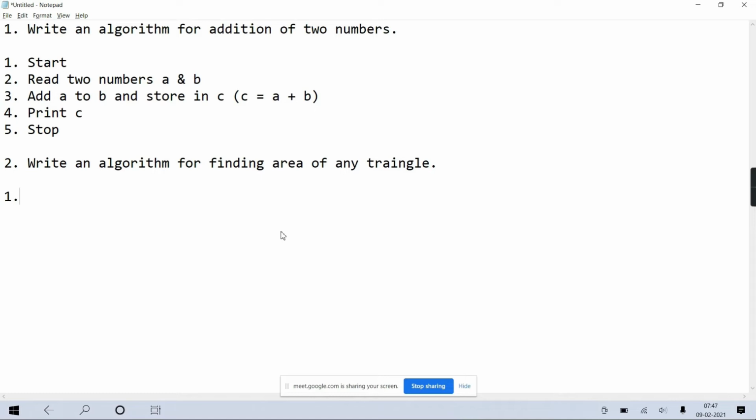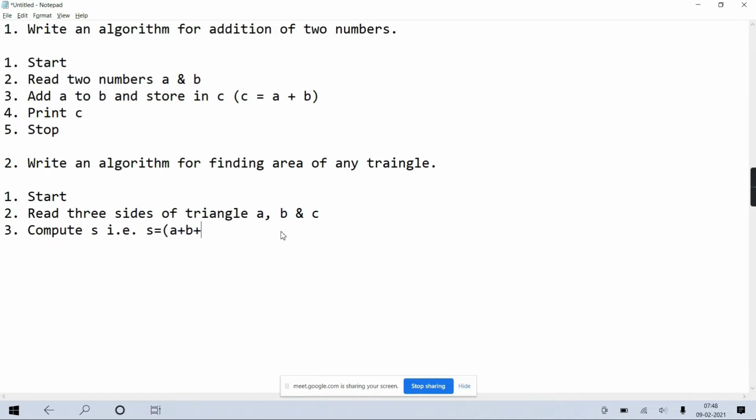See. Here can I write: logical start, then read 3 sides of triangle A, B and C. Okay, the 3 sides we have read. Then we are going to calculate S, right? You can say calculate or compute S, that is S is equal to A plus B plus C divided by 2.